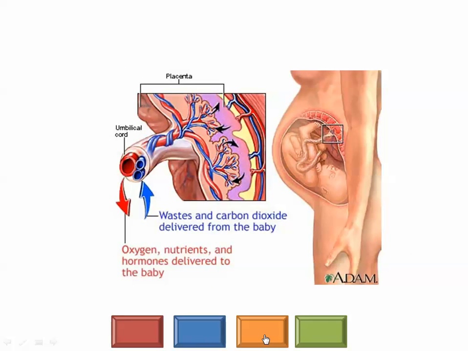Very clever, very clever. Here's another close-up diagram of what's going on here. We're going to talk about this in detail as well, so how this tissue actually invades the uterine wall, and that during birth, after the baby is expelled, the placenta also follows.